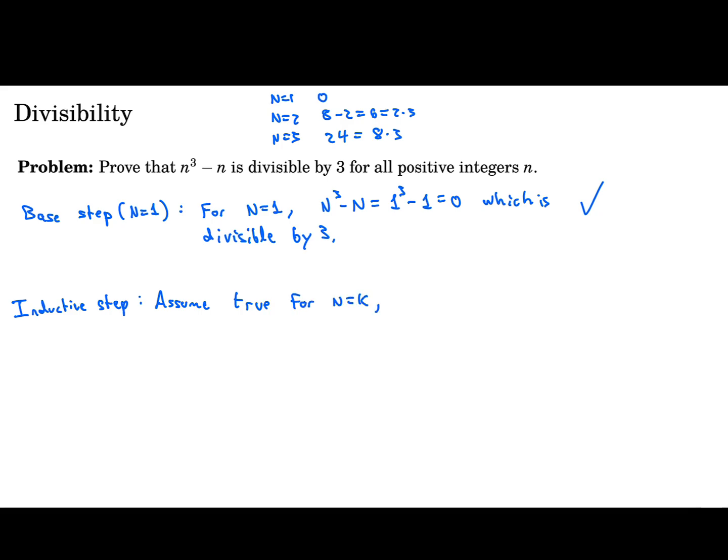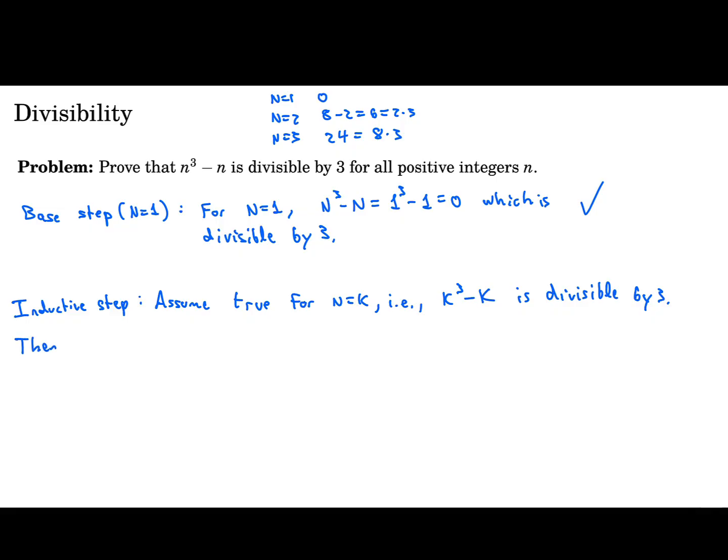And what do we mean by that? We mean that k cubed minus k is divisible by 3. Okay, so let's assume that. And now we need to show it for n equal to k plus 1.